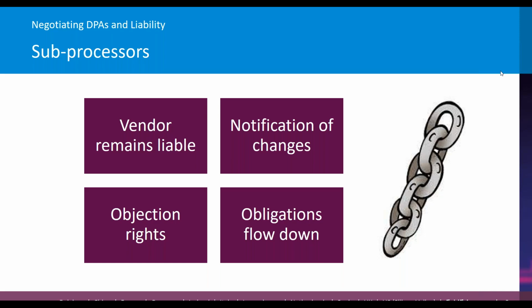So for instance, is this regulated data or particularly sensitive data? Is there a particular concern around where the data is transferred or processed? Should it really remain within region? And therefore, do you want to be giving a prior consent before the vendor changes who their sub-processors or subcontractors are? So that's one thing to think about.